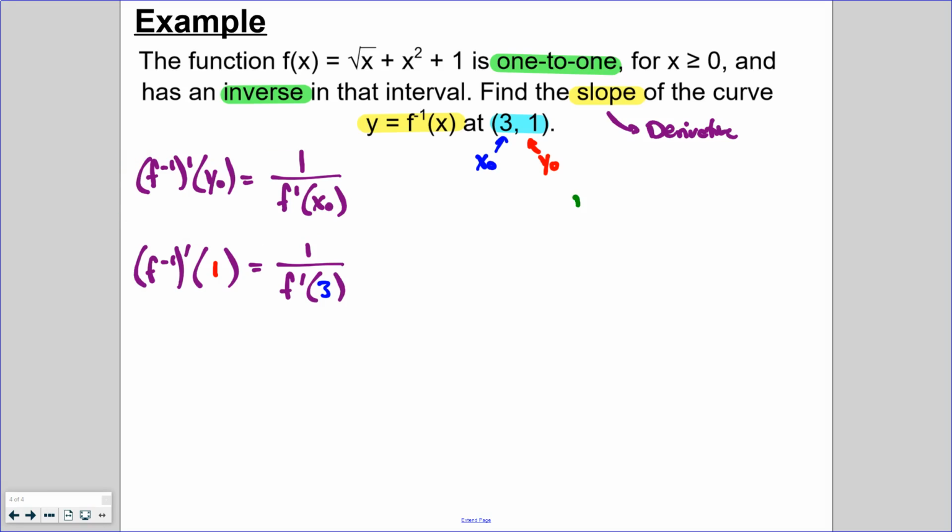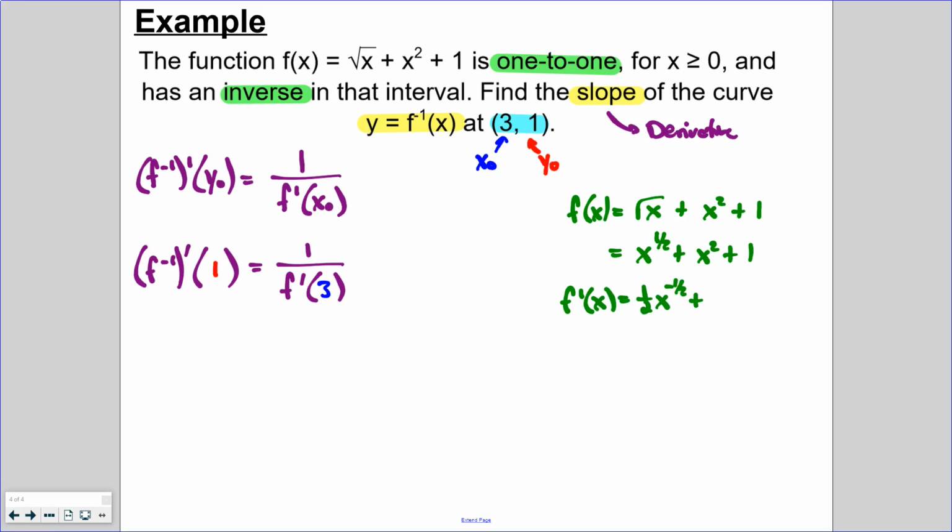So we know our function f of x is equal to radical x plus x squared plus 1. But since we can't take the derivative of a radical, this is x to the 1/2 plus x squared plus 1. And now we can find the derivative quite easily by just using the power rule. So f prime of x is going to be 1/2 x to the negative 1/2 power plus 2x, because the derivative of 1 is 0.